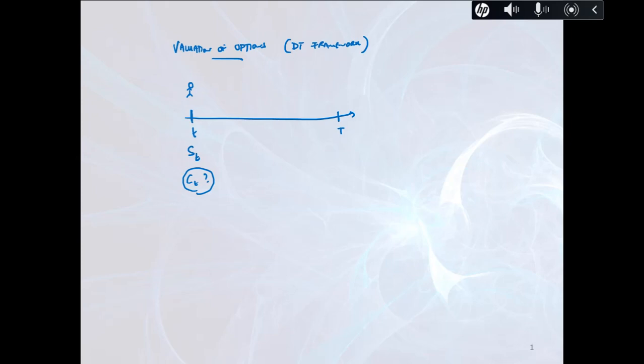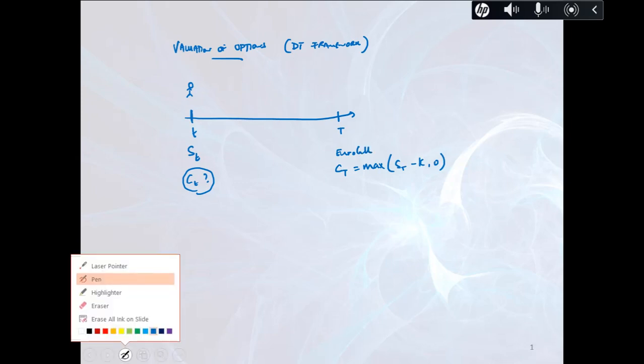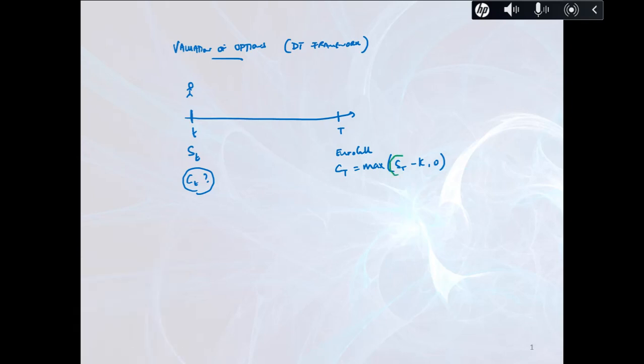However, we do know the expression of the option here. So here it is a European call option, which is a function of S_T, which is in fact unknown here.